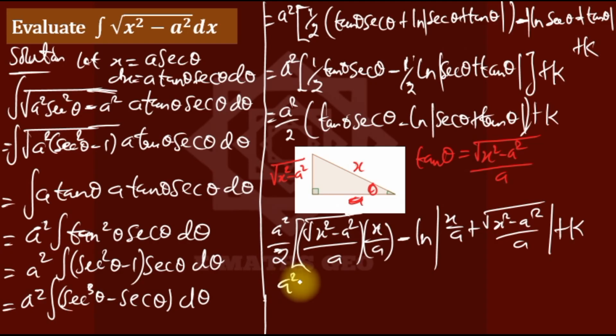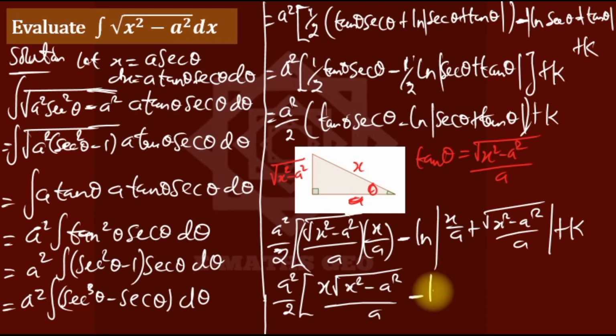So we finish it up: a squared over 2 times x times the square root of x squared minus a squared over a squared, minus ln.